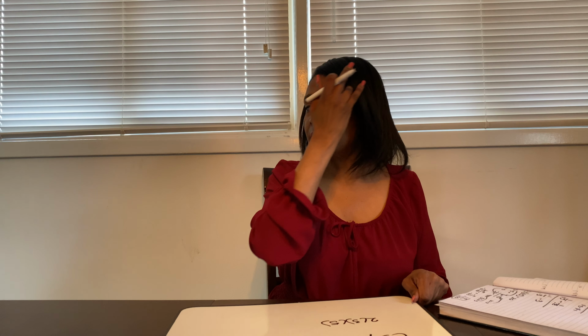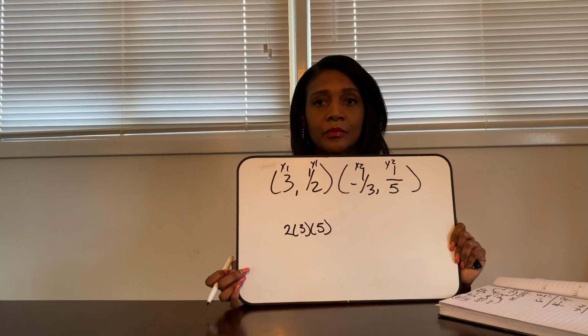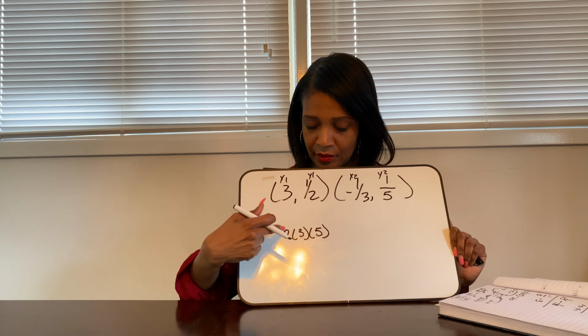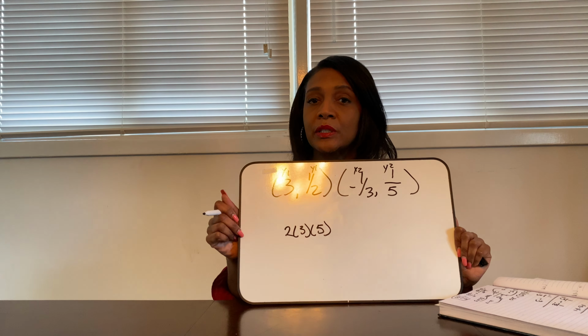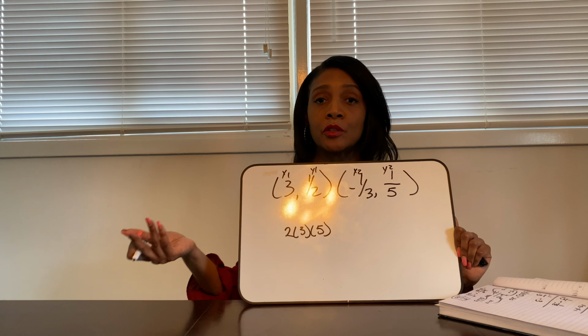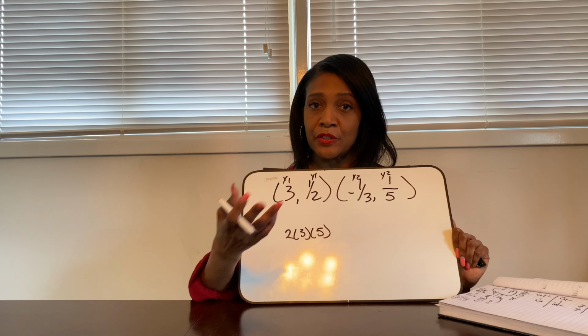Okay? Now, the next thing you need to do is pull all of your denominators. And as we know, your denominators are your bottom numbers in your fractions. So here are my denominators, the 2, the 3, and the 5. You're going to line them up and then simply multiply them. So 2 times 3 is 6, and 6 times 5 is 30.